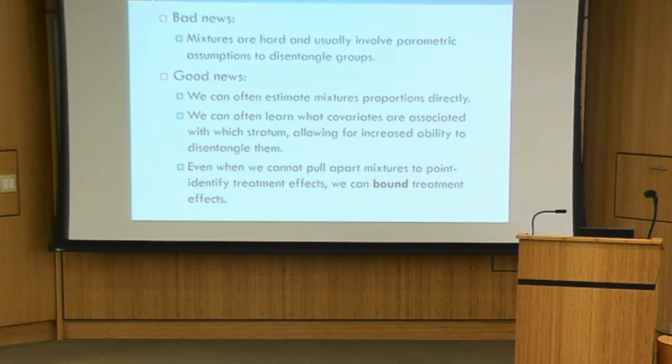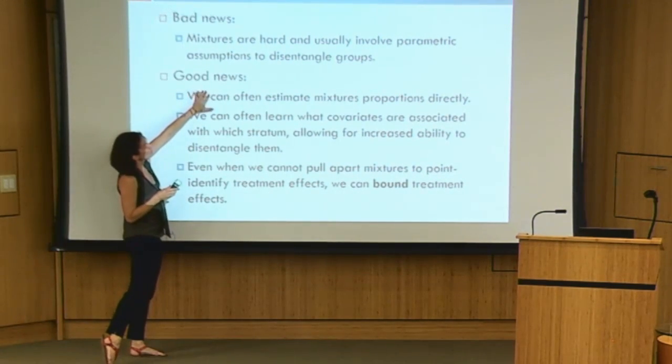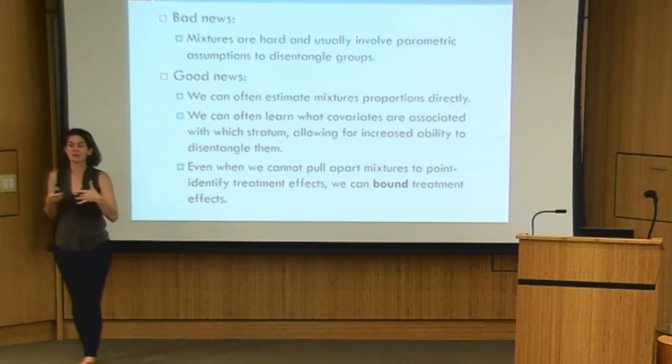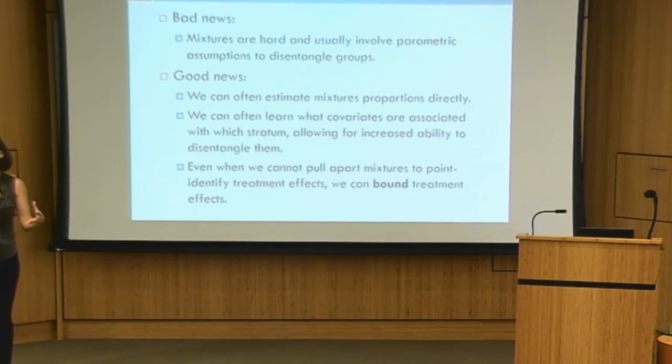Instead, what we're going to do is focus on more fundamentally figuring out what we can learn and what we can point identify, and when we can't point identify, what we can place some bounds around. Okay. The good news is that we can estimate things like mixing proportions. So we can estimate the share of students in our sample, in this simple one-sided compliance example, who are compliers, and the share who are never takers.